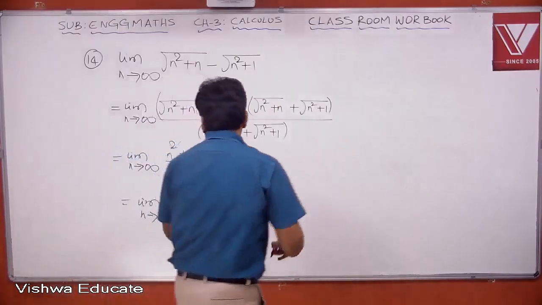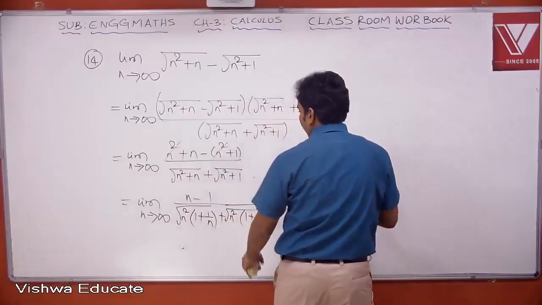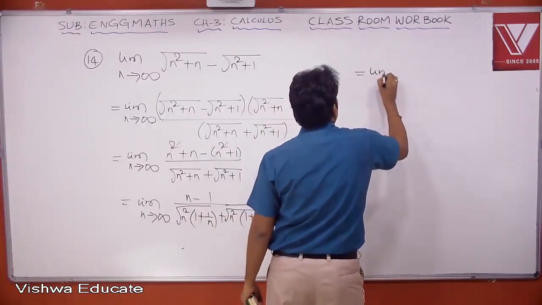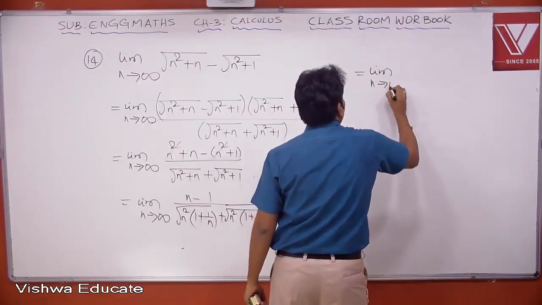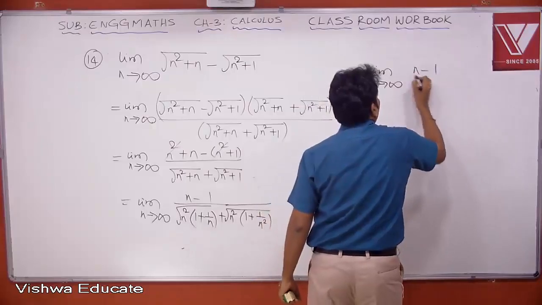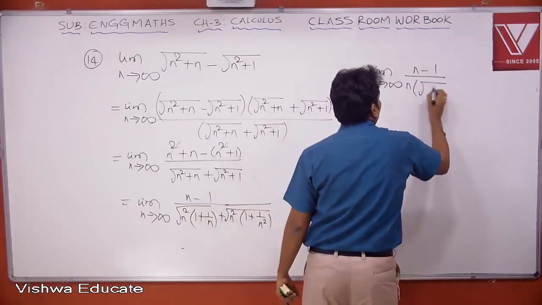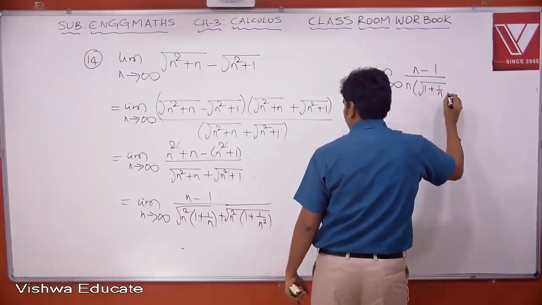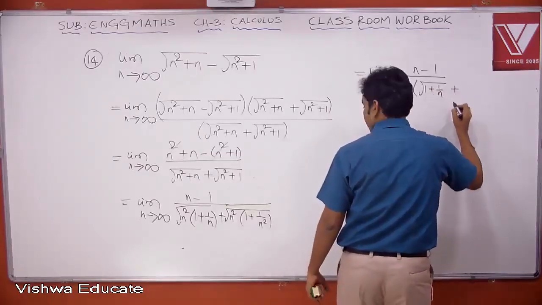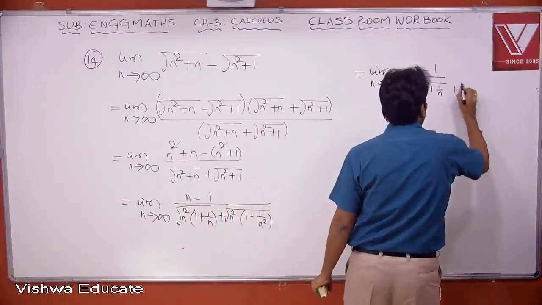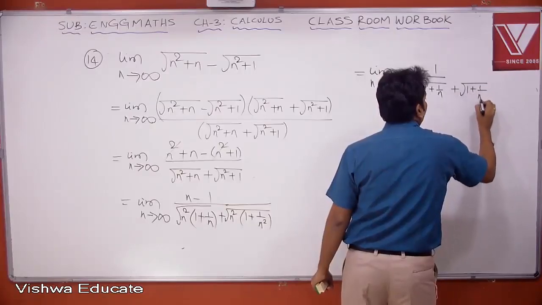So therefore you can take n common here, here also n. So this limit is equal to limit n tends to infinity, n minus 1 divided by n into square root of 1 plus 1 by n plus square root of 1 plus 1 by n square.